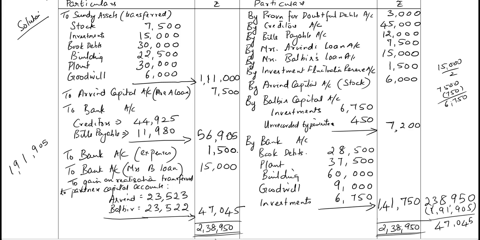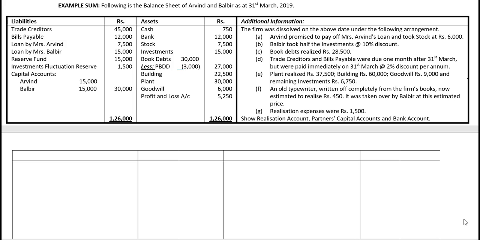Next, let's go to the partners' capital accounts. Left side, debit side. Right side, credit side.